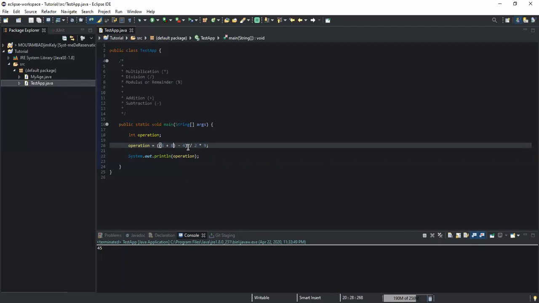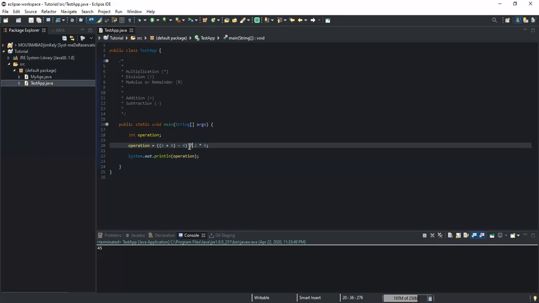So now we will have 10 divided by 2 multiplied by 9. With that expression, it's going to follow the order of precedence. Which rule is it going to follow? The second rule, which says that if two operators have the same level of precedence, the expression needs to be evaluated from the left to the right.